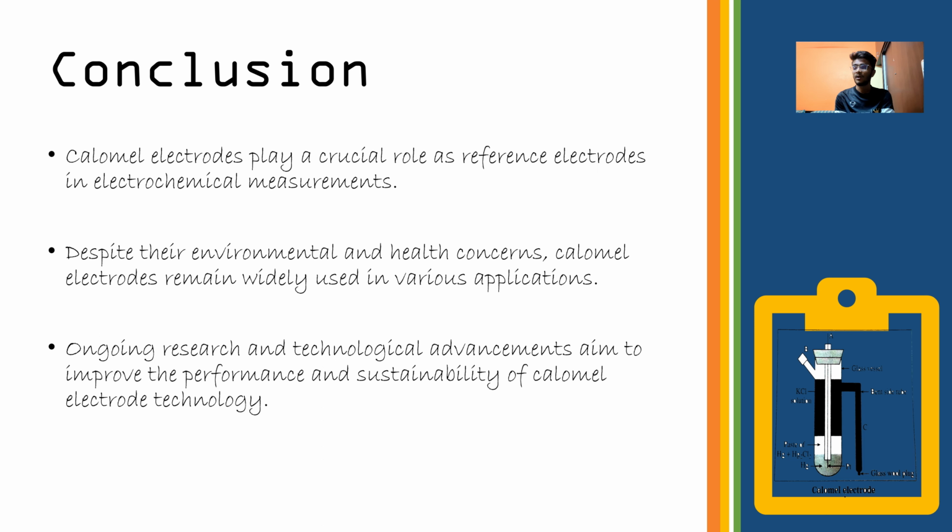Ongoing research and technological advancements aim to improve performance and sustainability of electrode technology. That's what I discussed. Research is going on Calomel electrode, so maybe there would be a day in future where all of this research will be successful.